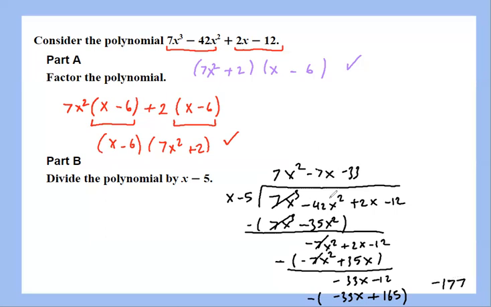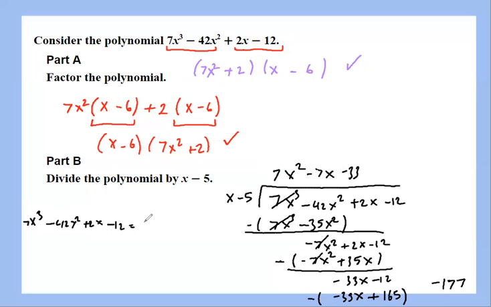So meaning that when you divide this whole thing by x minus 5, you get a quotient of this and a remainder of this. So you can just write it as that thing, if you divide it by x minus 5, so that will be, let me actually write it. So the 7x cubed minus 42x squared plus 2x minus 12 is going to be equal to this times this.